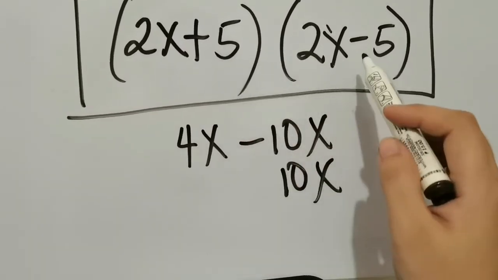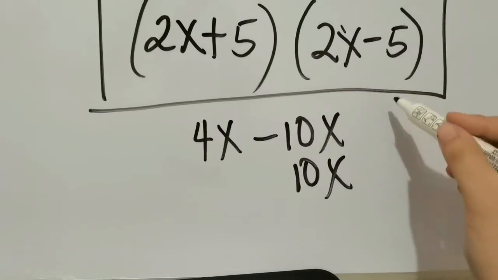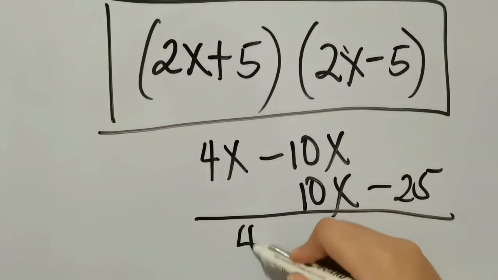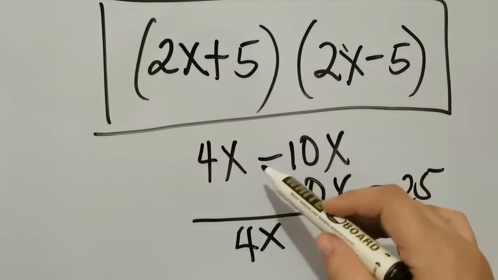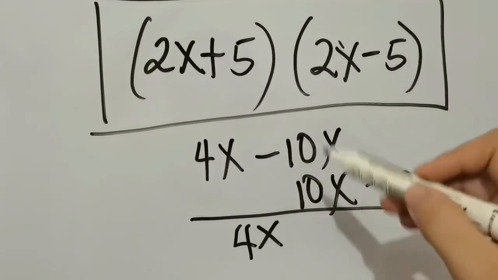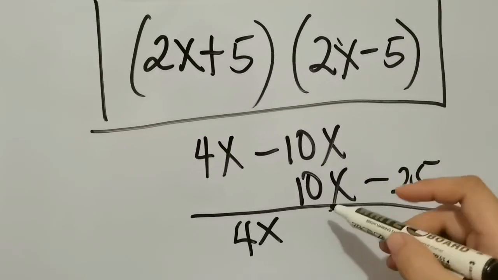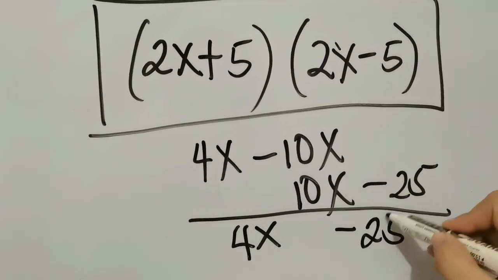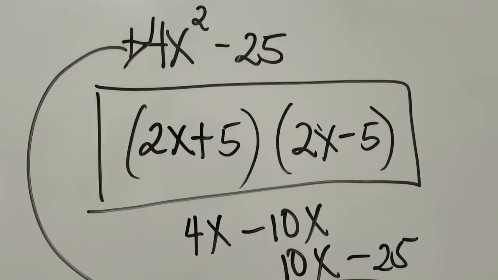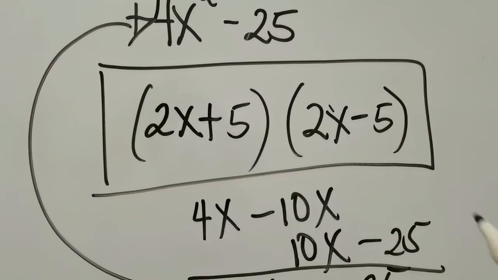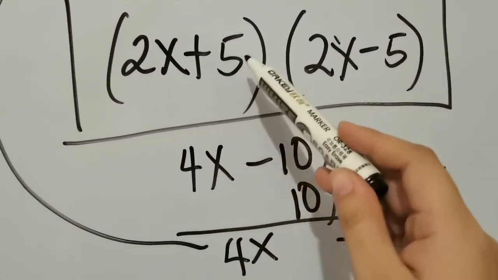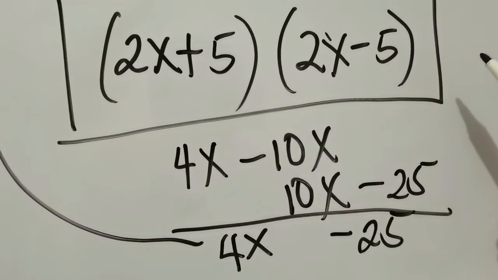And then 5 times negative 5, that is negative 25. Then negative 10x plus 10x, that is 0. So let us eliminate those. Negative 25 is the same with the given above. Therefore, the factors of 4x squared minus 25 are 2x plus 5 and 2x minus 5.